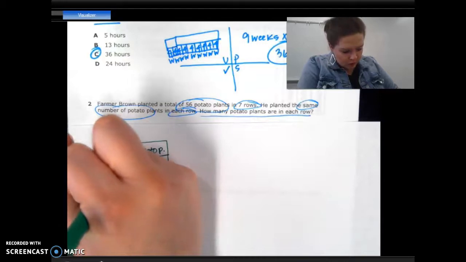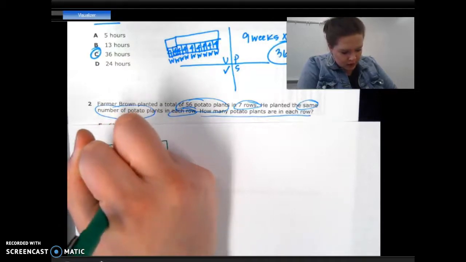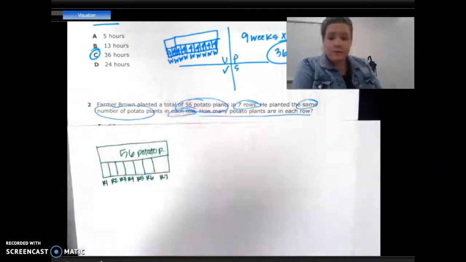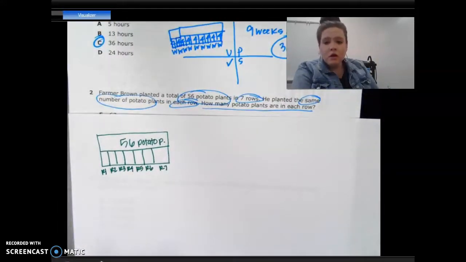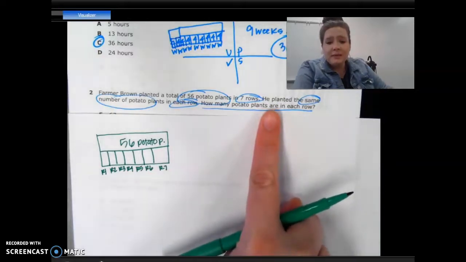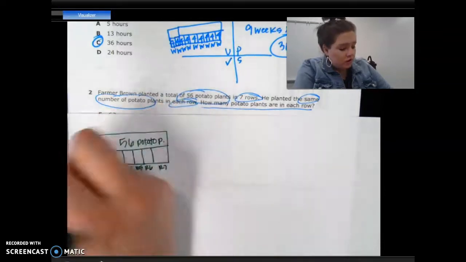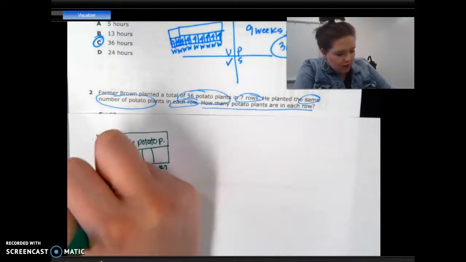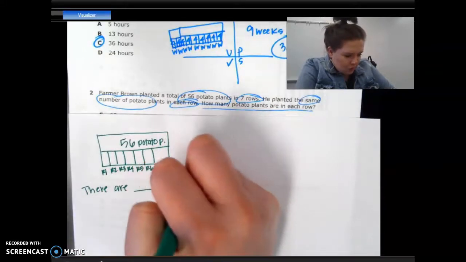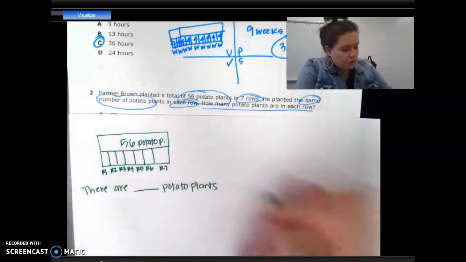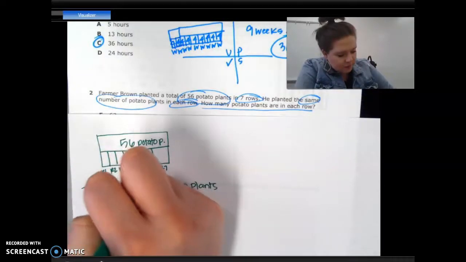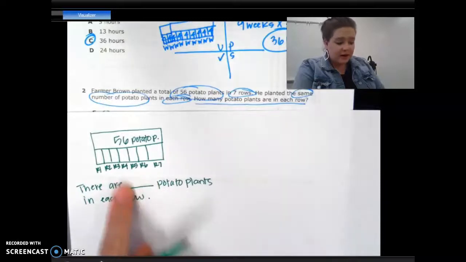Row 1, row 2, row 3, row 4, row 5, row 6, row 7, okay? The question is asking me how many potato plants are in each row. There are blank potato plants in each row. This right here is what we're trying to figure out.